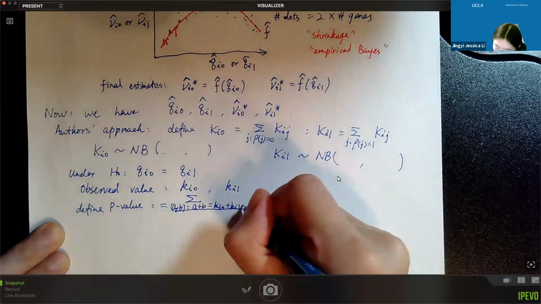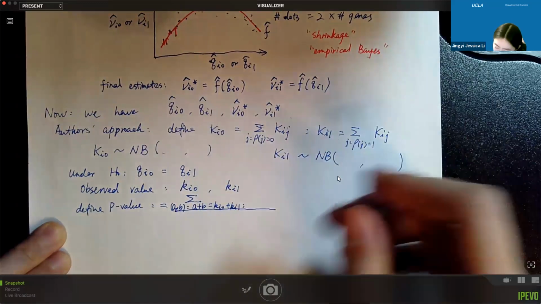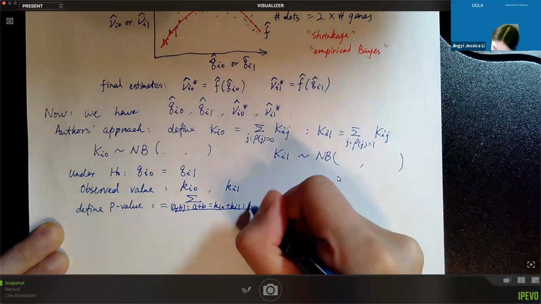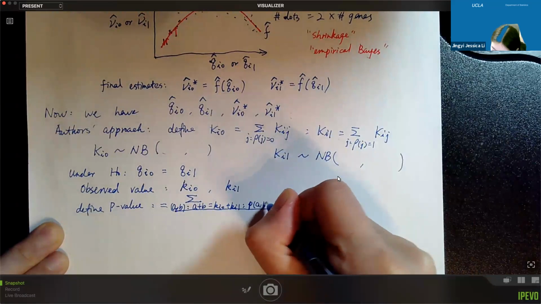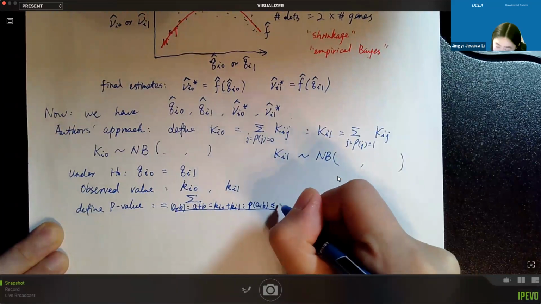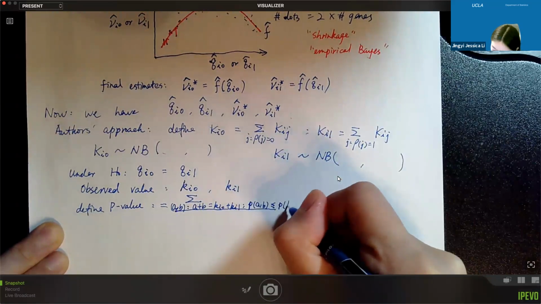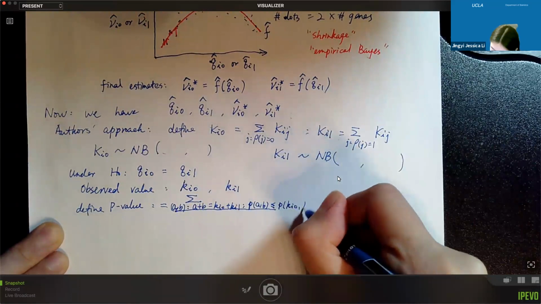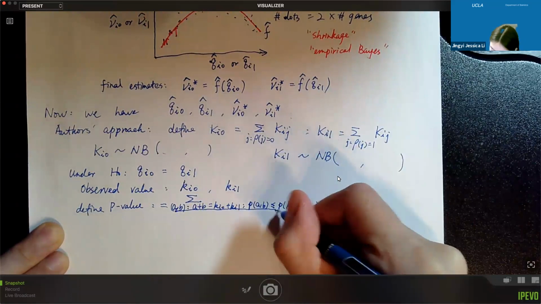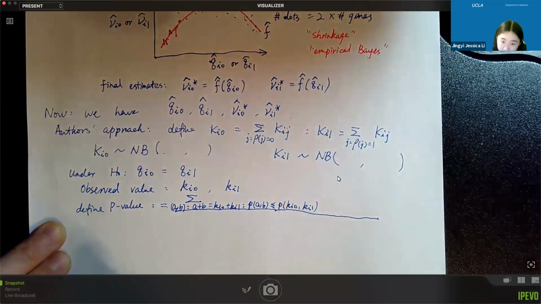Furthermore, they require that the probability of numbers A and B is less than or equal to the probability of numbers Ki0 and Ki1. What does that probability mean? I'm going to define it here.